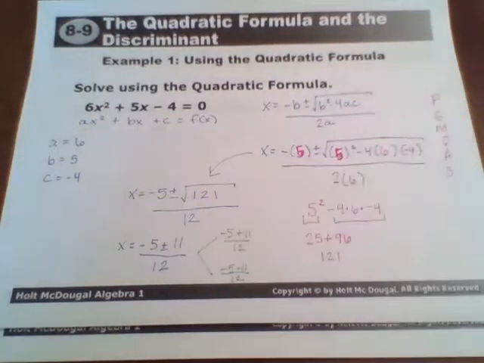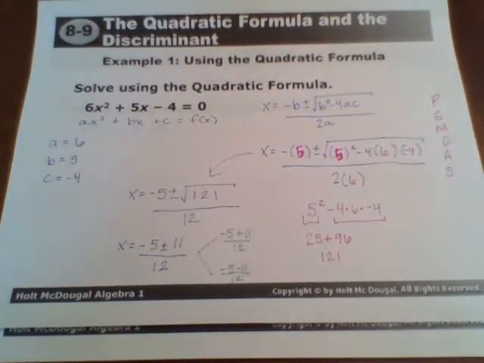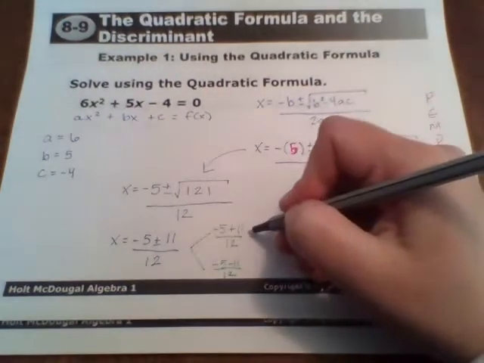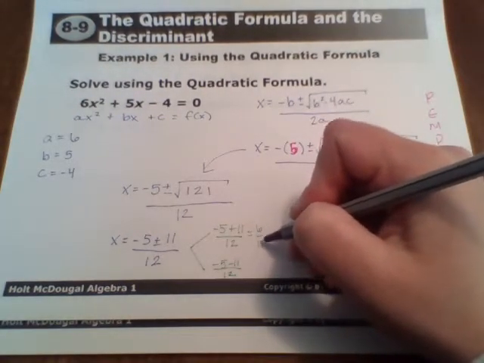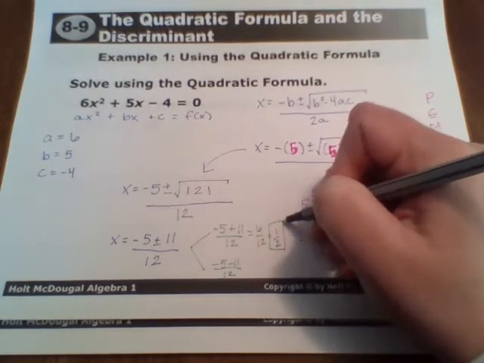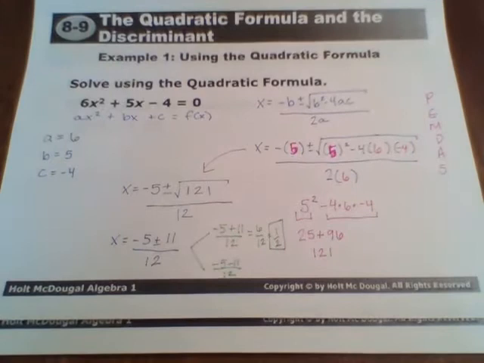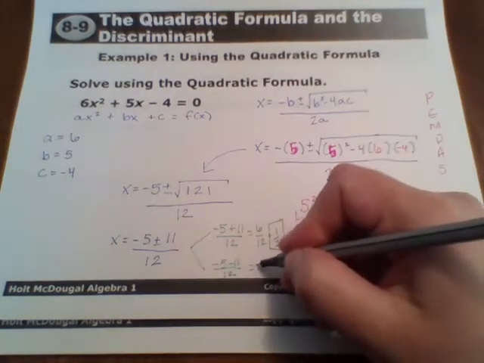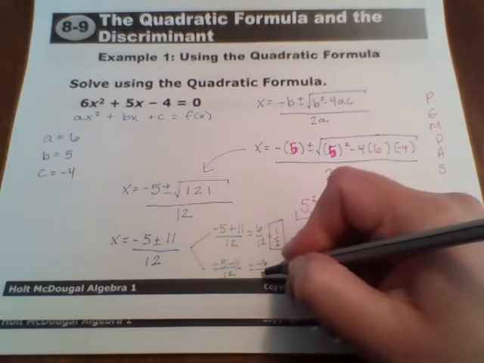All right, so -5 plus 11 makes 6, and then 6 divided by 12 makes a half. So one of our solutions is a half. The other one is -5 minus 11, and that divided by 12. And so we're going to get -16 divided by 12.